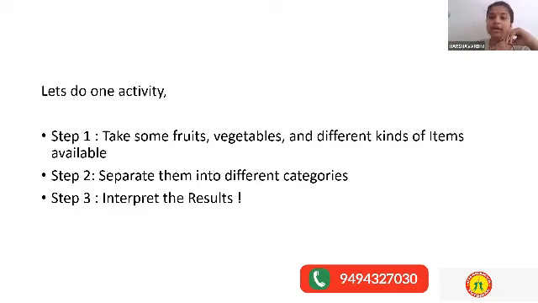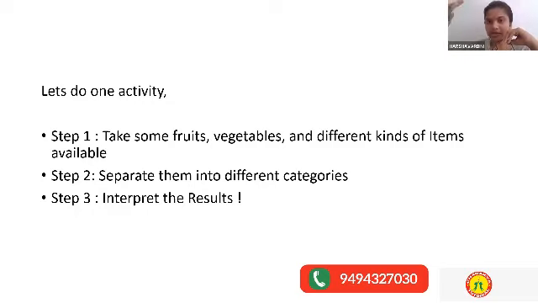And if you take flowers, again you can separate them, right? If you have a set of flowers, you have jasmine, you have rose, you have hibiscus, again you can separate them based on colors. They all come under flowers, but they have different colors. If I give you some set of objects, you can separate anything based on one criterion, that is nature, and the second common criterion, that is color.